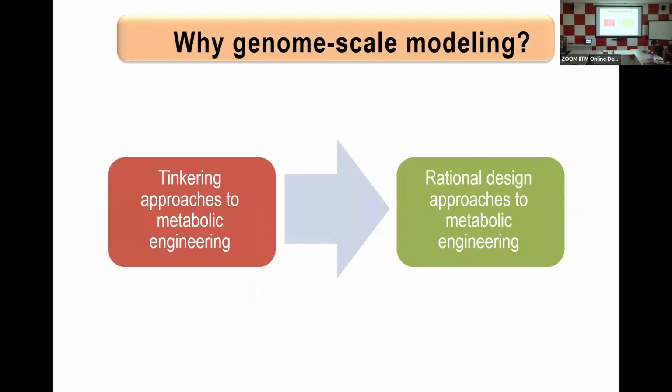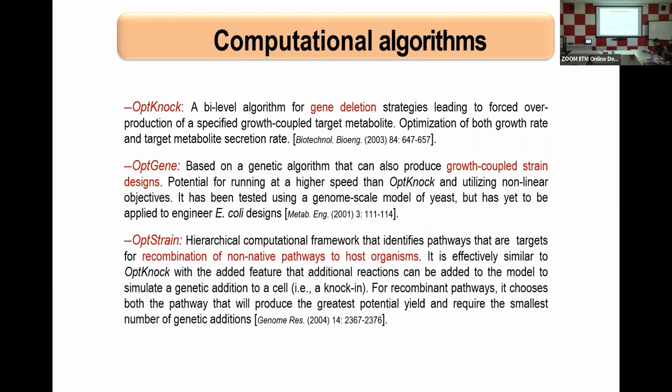Okay, so this is possible because there are more and more genome-scale models of every bacterium, and then one can pass from trial and error, tinkering, trying here and there and seeing what happens, to a completely rational approach, or a very, very highly rational approach, to this metabolic engineering.